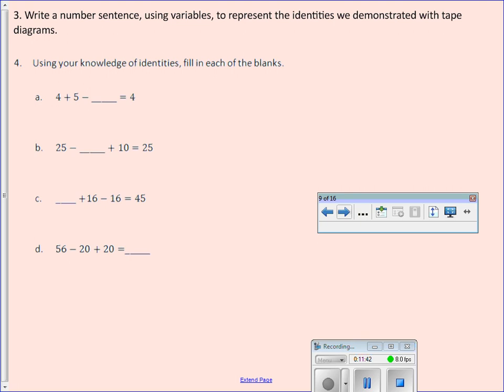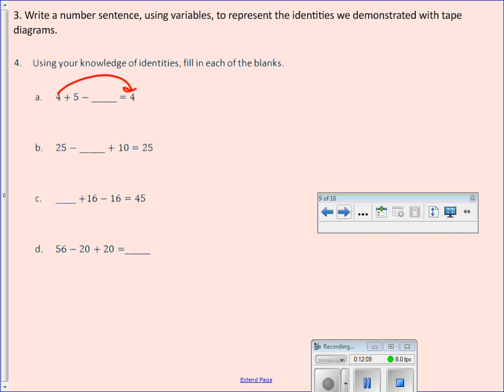Let's just jump right in and start practicing these. So on page 2, turn to page 2. On the back, use your knowledge of identities to fill in each of the blanks. So if I have 4 and I add 5, what do I have to take away to get my 4 back?